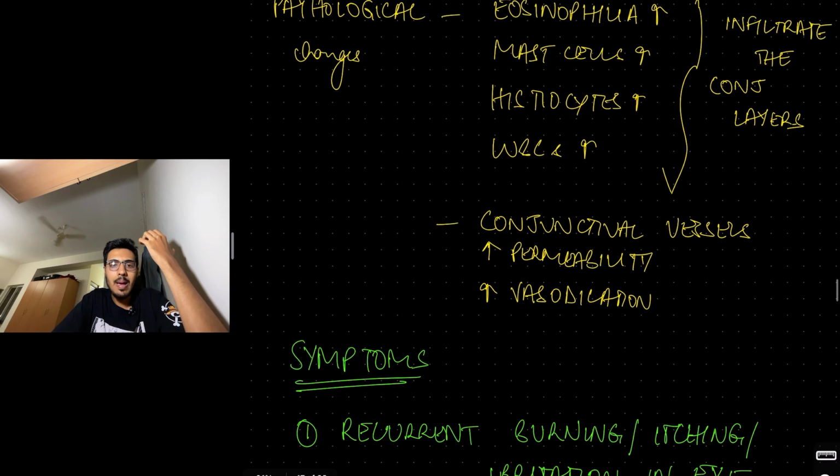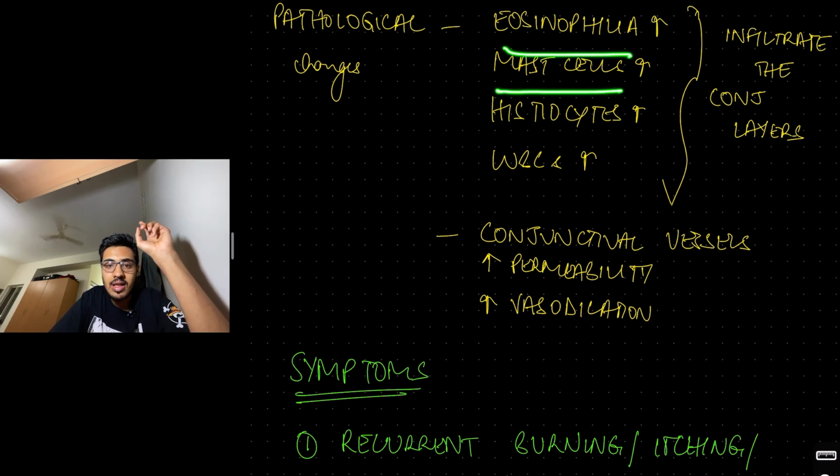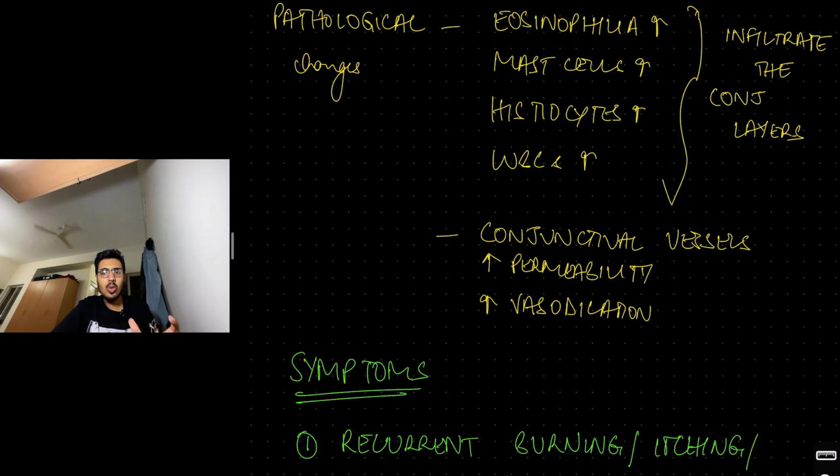Like any type 1 hypersensitivity reaction mediated by IgE, you'll have a lot of eosinophils, mast cell infiltration, WBC infiltration, histiocyte infiltration. All this leads to what? It infiltrates and makes the conjunctival layers more cellular. The conjunctival epithelium will have a lot of eosinophils, mast cells, WBCs, histiocytes. Then the adenoid layer will have a lot of cellular infiltration.